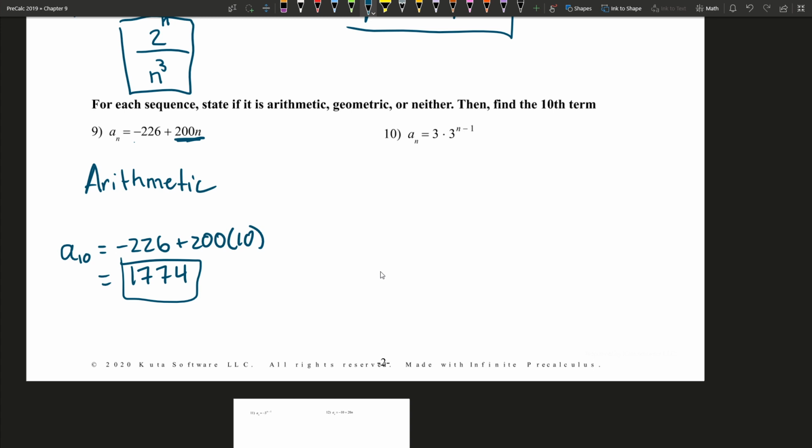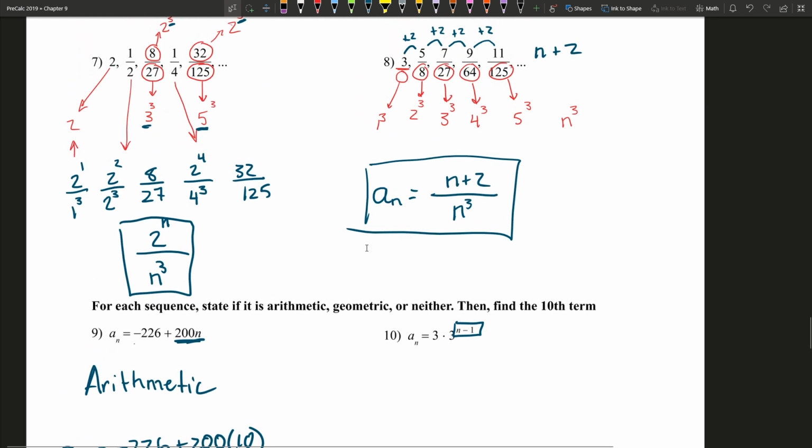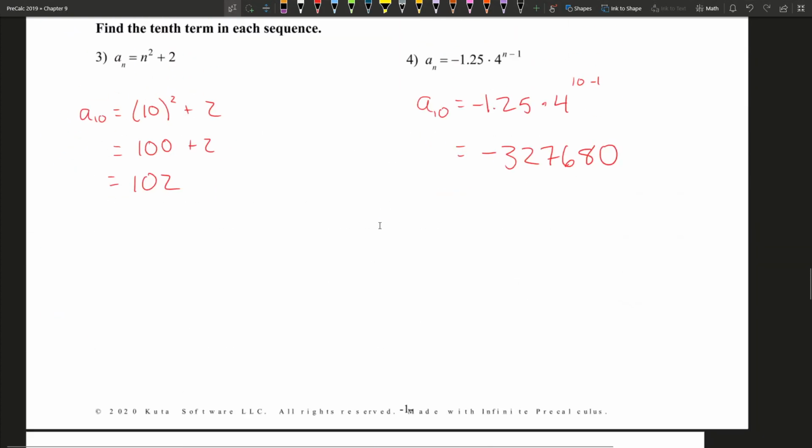For number 10, the number of the term is in the exponent. Oh yeah, sorry. This should be 2n plus 2. Or 2n minus 1. It should be 2n minus 1. Sorry. 2 times 1, that's 2. I did this wrong. I had this work up above. Hold on a second.